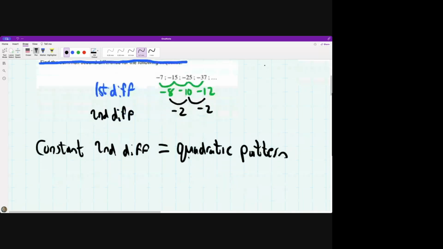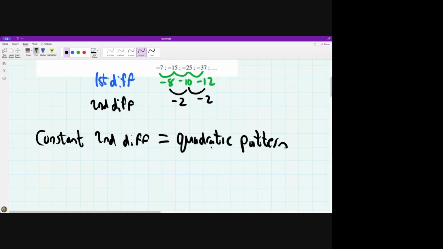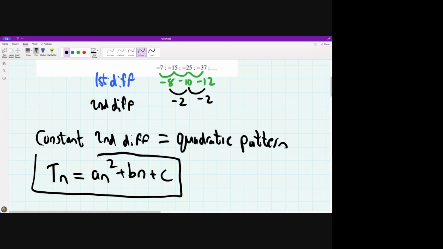Now, I'm going to teach you how to find the equation of a quadratic pattern, but let me start by giving you the standard form of a quadratic pattern. That is the standard form of a quadratic pattern. What does it remind you of a little bit? Are you having some flashbacks from earlier in the year?